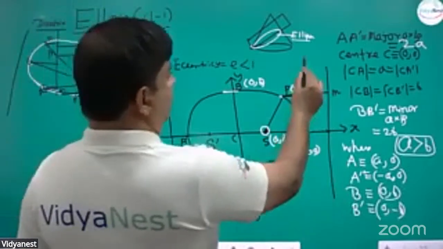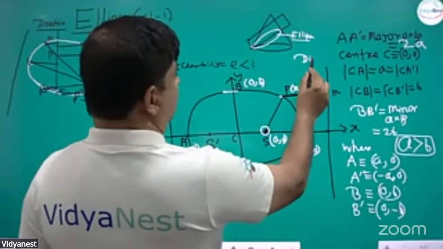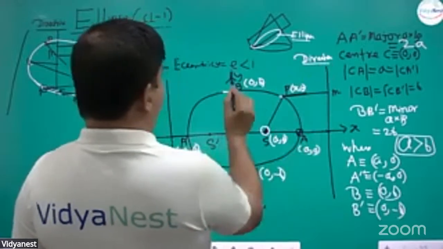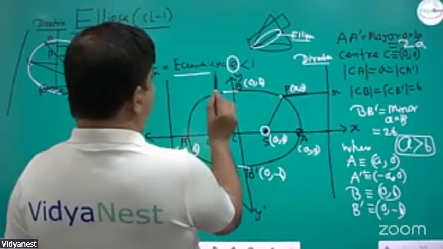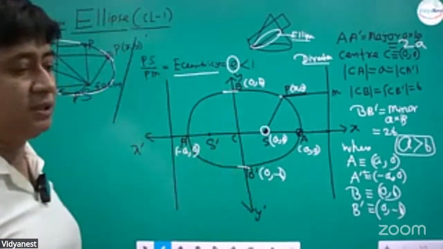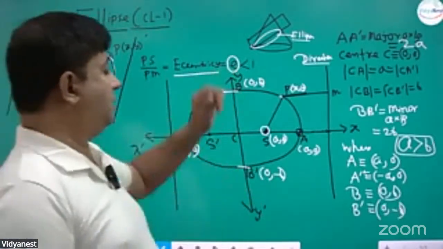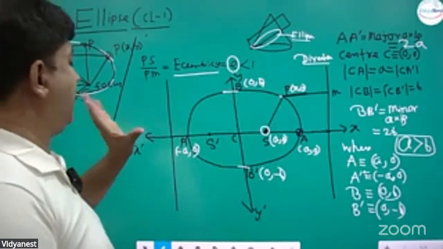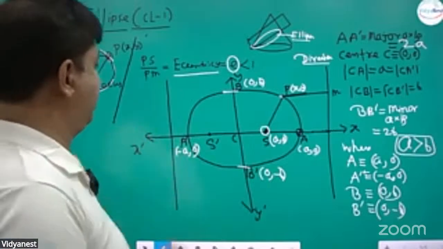This is called directrix, and that ratio is called eccentricity. In case of ellipse, it is less than 1. Okay, this is the primary concept.